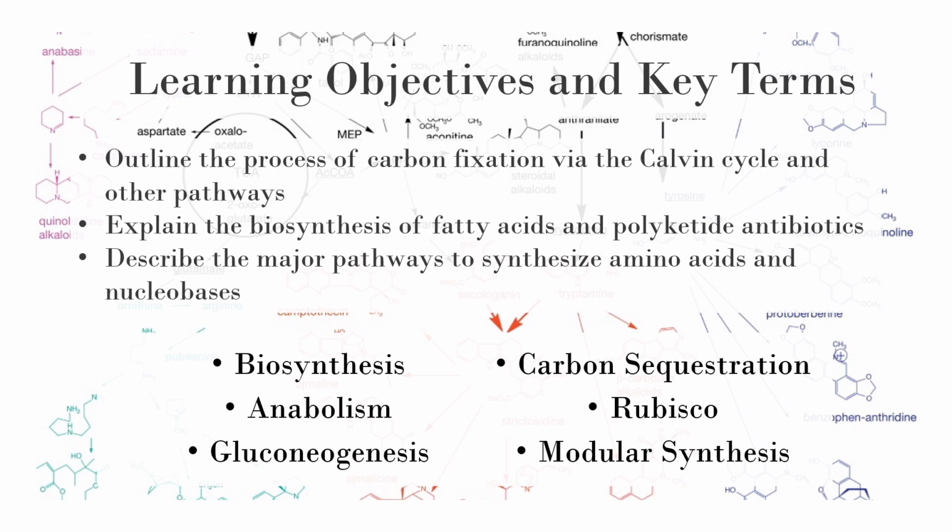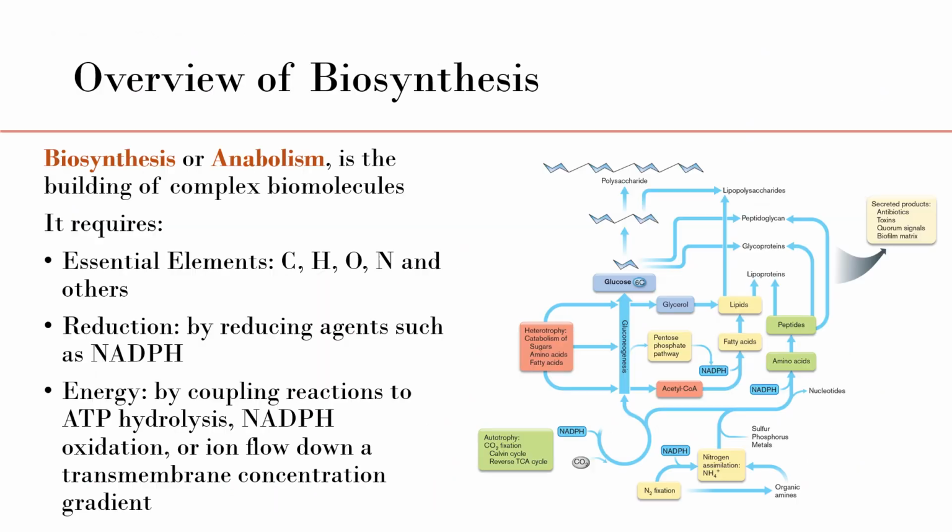So here's the learning objectives and key terms all in one. And we're going to start off just by reminding you of these terms. So we are talking about now anabolism, the building side of metabolism. Remember that catabolism breaks down molecules, usually to extract energy from them.